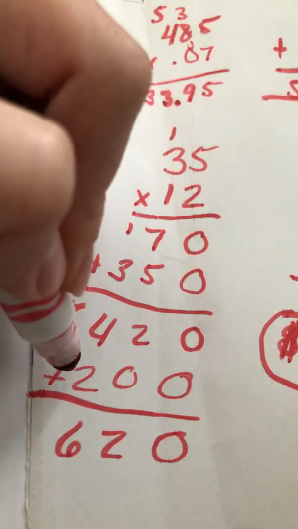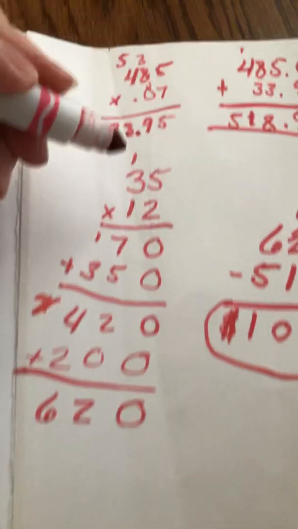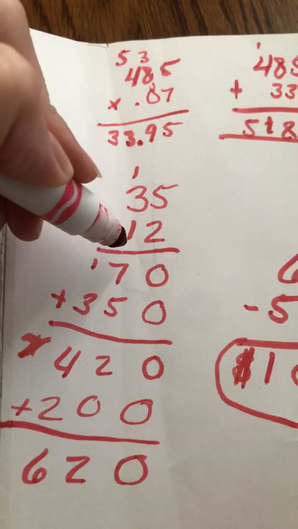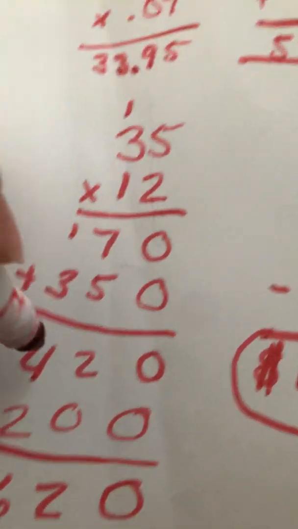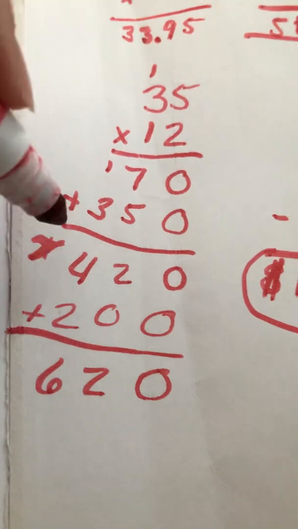After you find that answer, you add it to the down payment. So you find out how much you pay for how many months. So if it said 2 years, we would have multiplied it by 24, and then you add it to your down payment. So our down payment was $200.